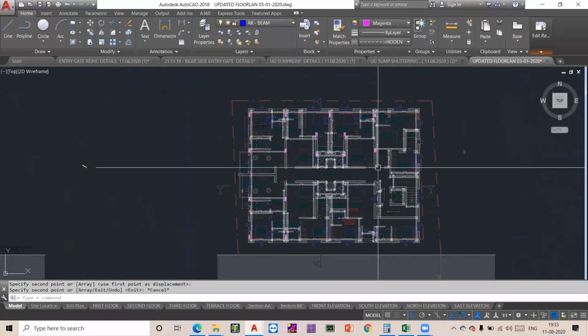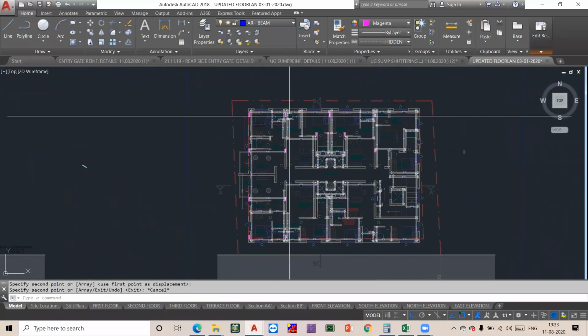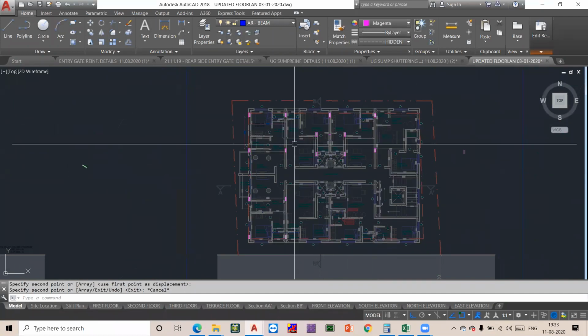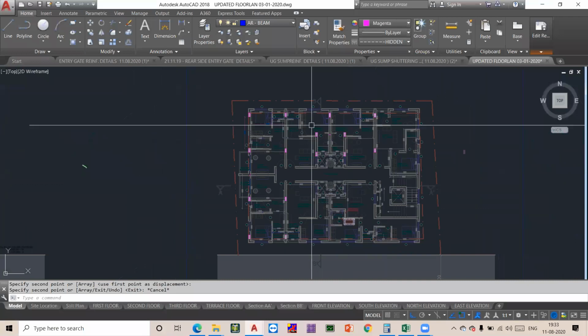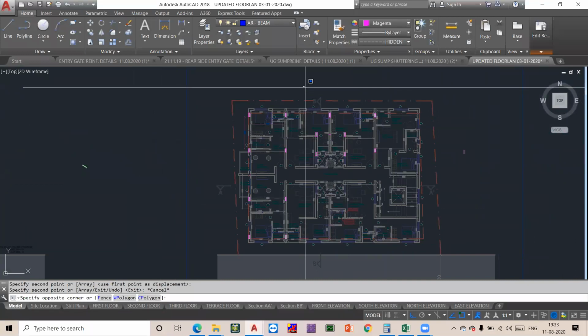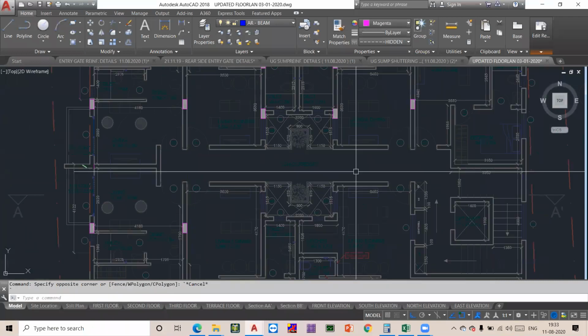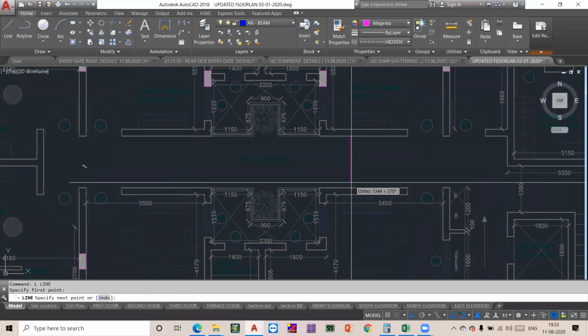Okay, and I believe these two units will be the mirror of the ones downwards. So I will now be mirroring with a reference line.